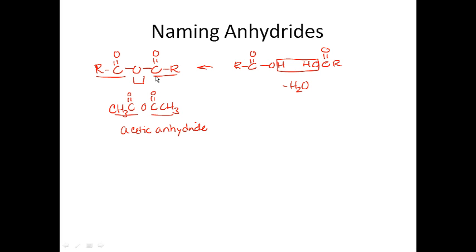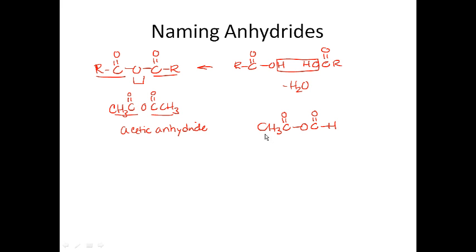So if we have an anhydride here that has the same carboxylic acid on both sides, then we just use that one name. Now if I had two different carboxylic acids, so let's say something like maybe this one.